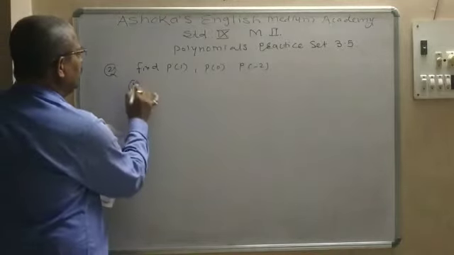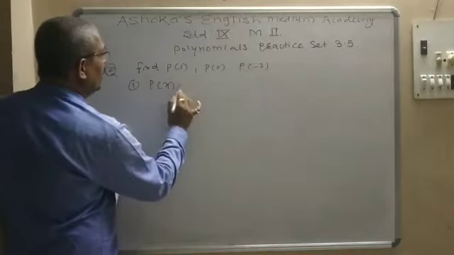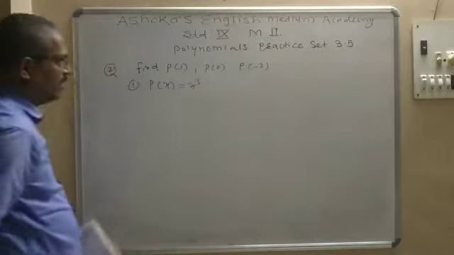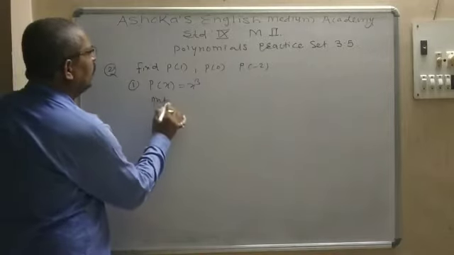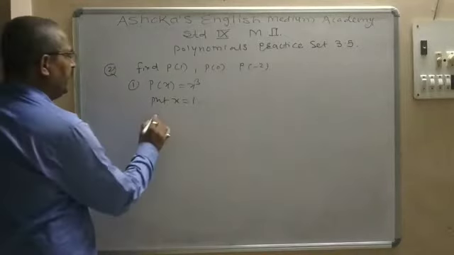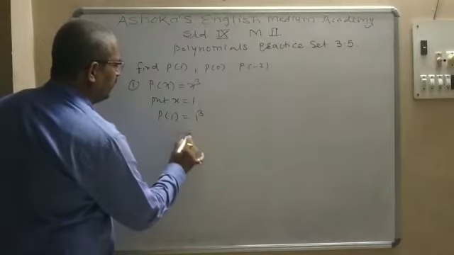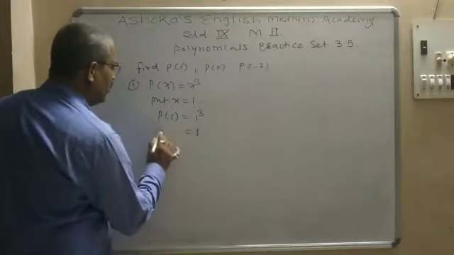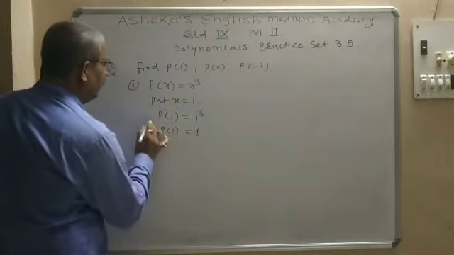Now what is the first polynomial? Polynomial p(x) is equal to x raised to 3. Then put x is equal to 1. Then p(1) is equal to 1 raised to 3. 1 raised to 3 means 1 will come. Therefore p(1), what is the value?